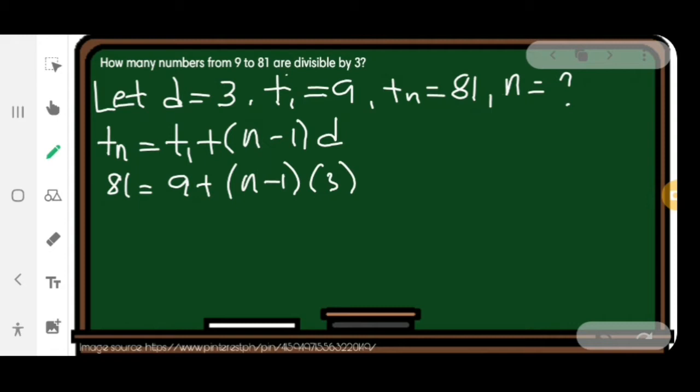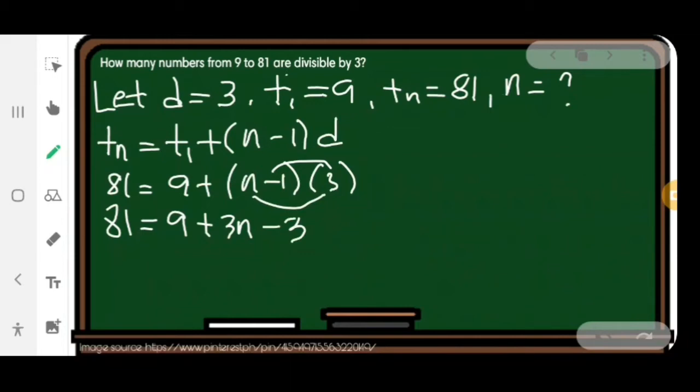We are going to perform first multiplication. So that means we need to copy 81 equals 9. Then multiply n and 3. So we have 3n. The negative 1 times 3 is negative 3.